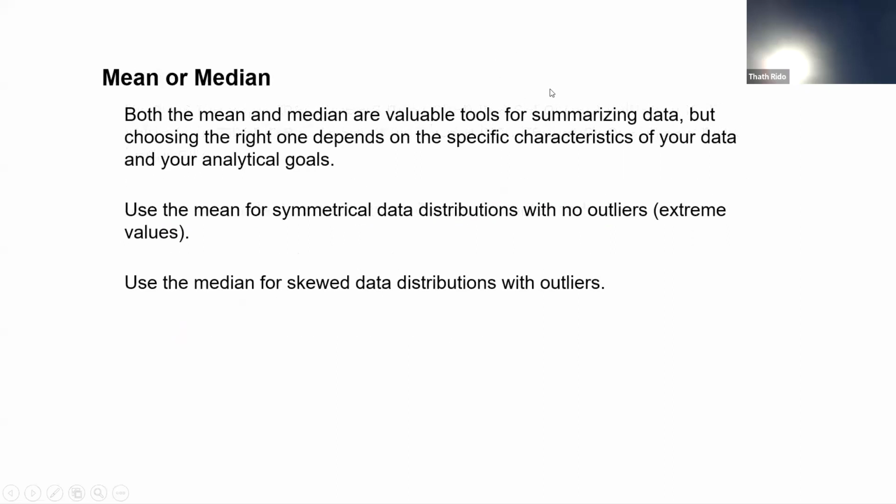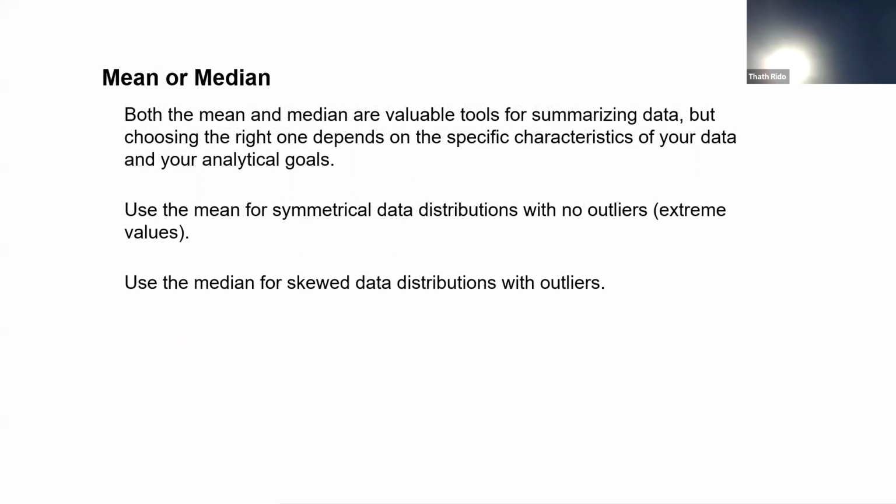Those 3 are measures of central tendency: we have the mean, mode and median. So we have three different measures. You may ask the question, which one is the best or which one should you use? Here you can consider when you decide whether to use the mean or the median.